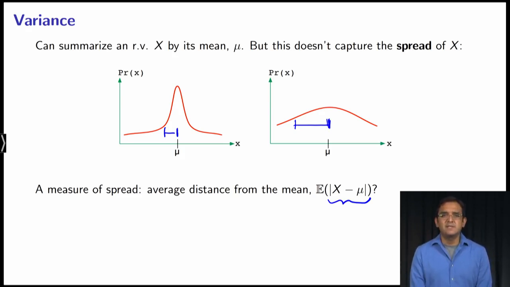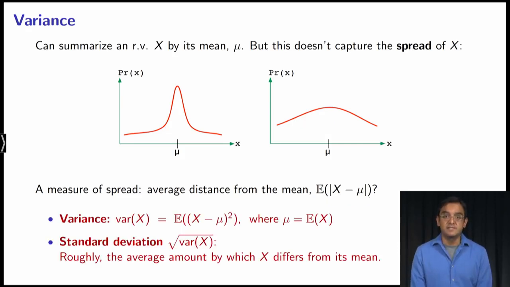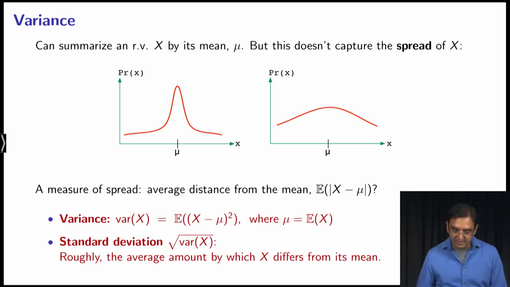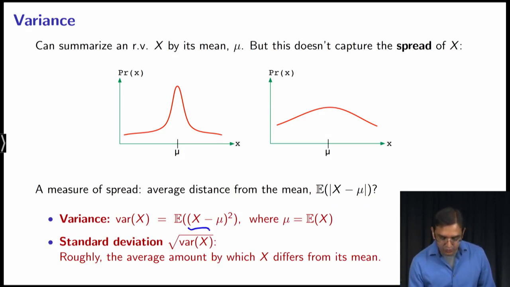But it turns out that mathematically it's more convenient to look at the average squared distance of x from the mean. And this is what we call the variance of x. So the variance is the average squared distance from the mean. And we'll see some properties of this in a second.